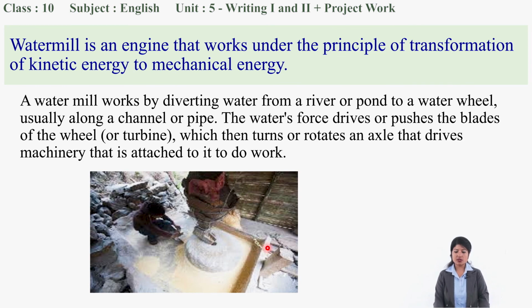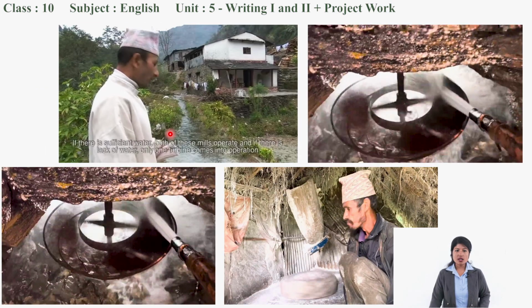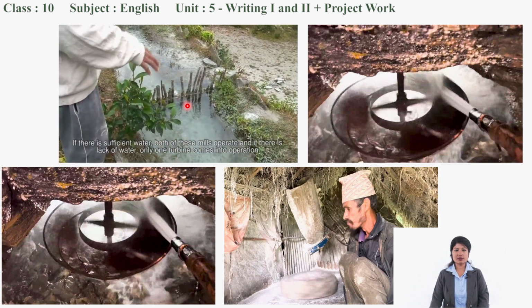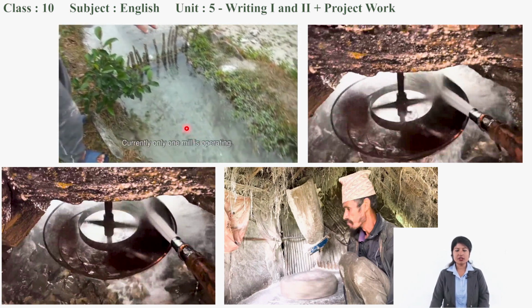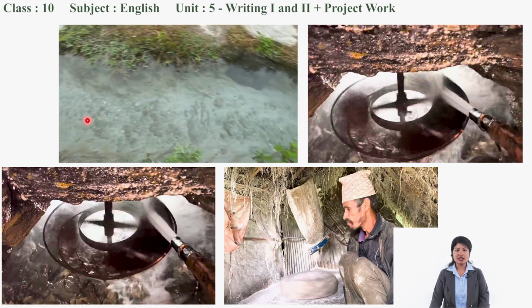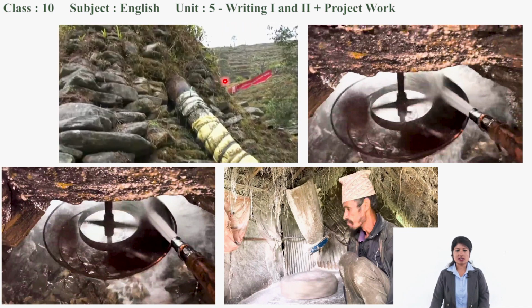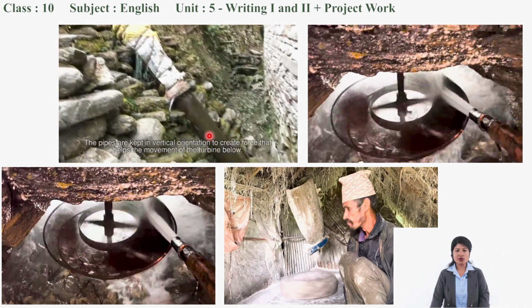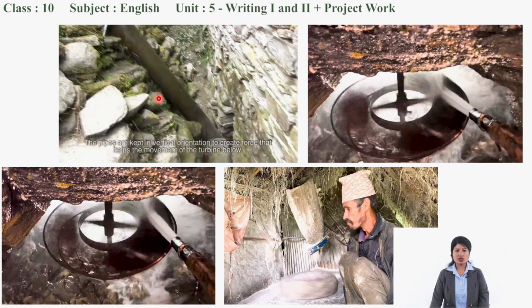I have some videos for this. You will be clear enough about this knowledge. Let's check it out. Okay, in the first video, you can see the water is brought over here from the river, making a channel. The water is brought here, and through this pipe it is brought down to run the turbine.